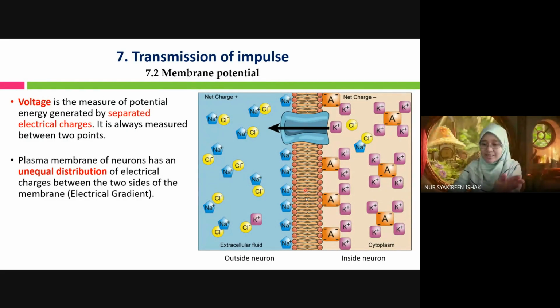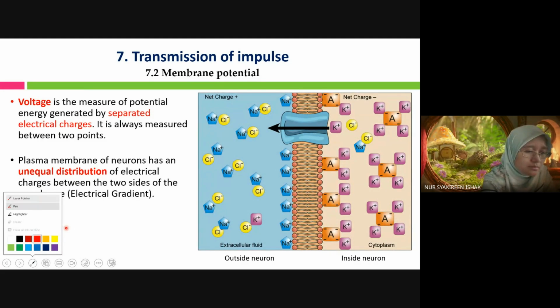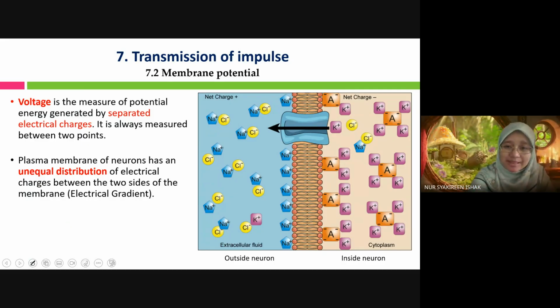So in this case, normally for a cell, inside the cell it is negatively charged. Outside it is positively charged. Take note here, kat sini I'll draw dalam gambar rajah ni. This is the extracellular fluid, the interstitial fluid side yang warna biru tu kan. So you can see there's a lot of sodium ion outside.